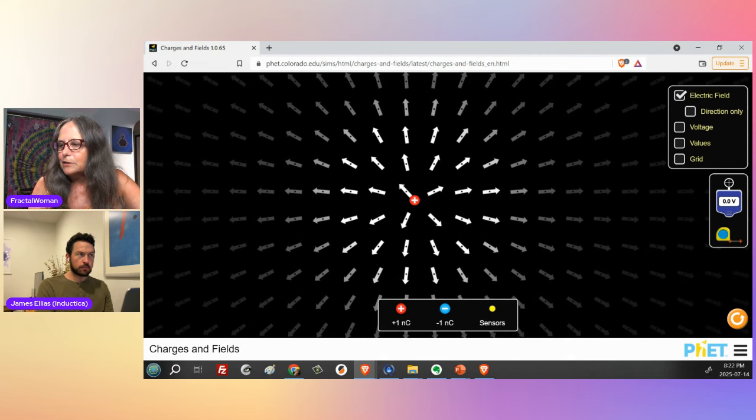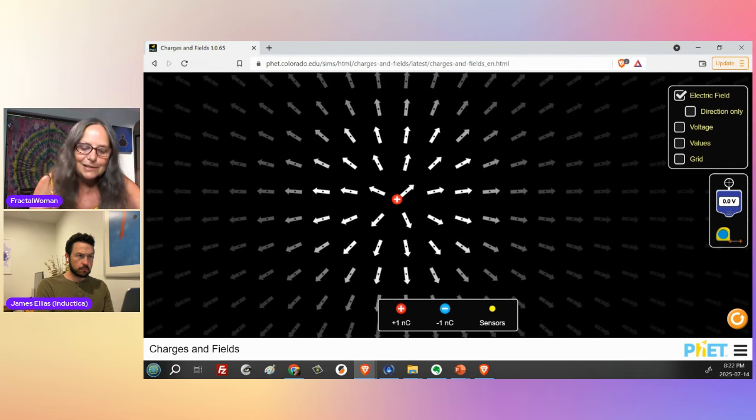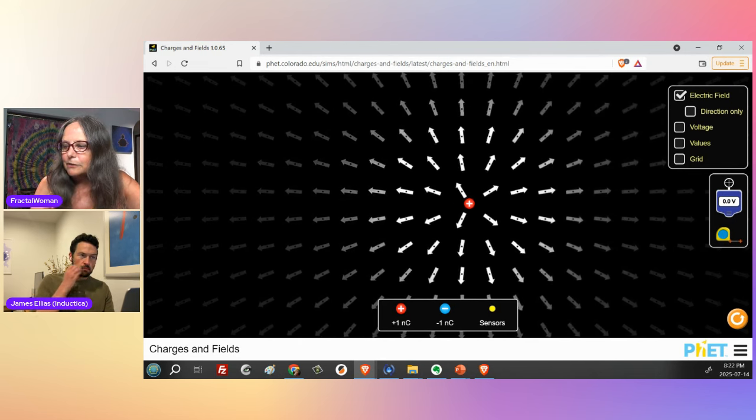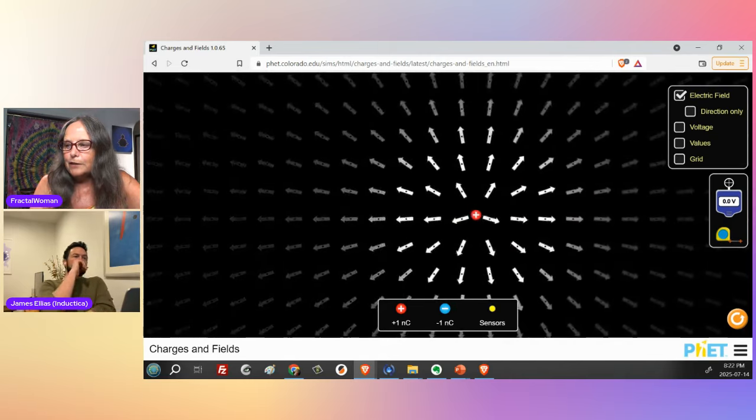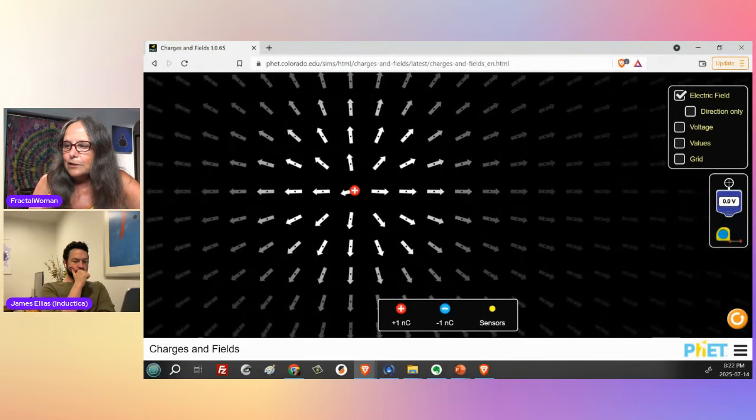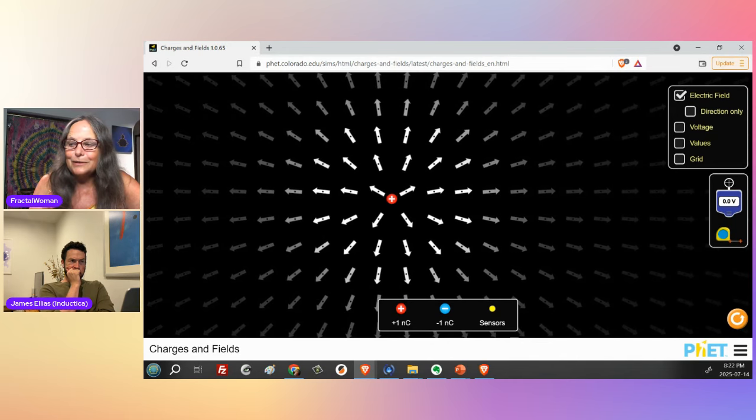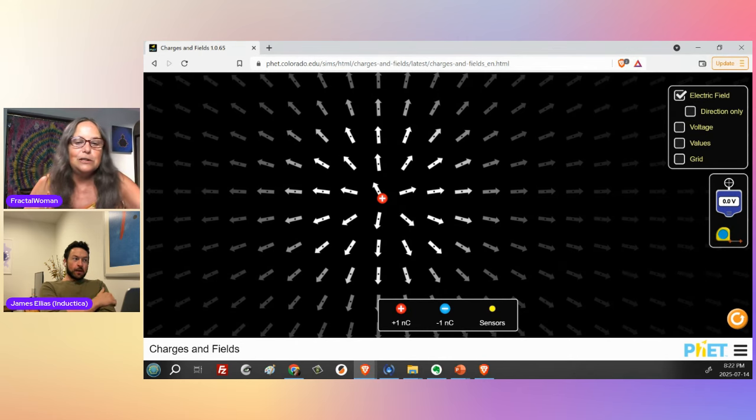I don't like the way they draw these, but this is the best example I could come up with off the top of my head of what my ether would be. And see how these are kind of pinned in place. In my ether model, they're pinned in place. So it's a different ether model than the one that was disproven by the Michelson-Morley experiment.